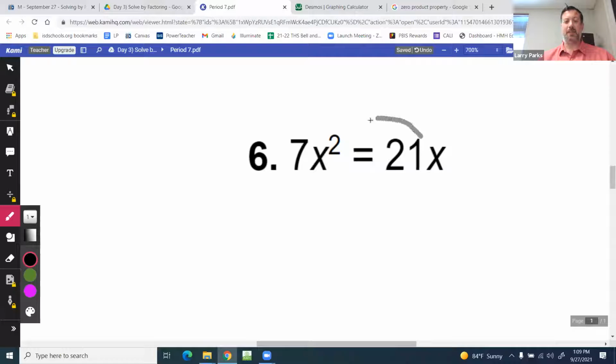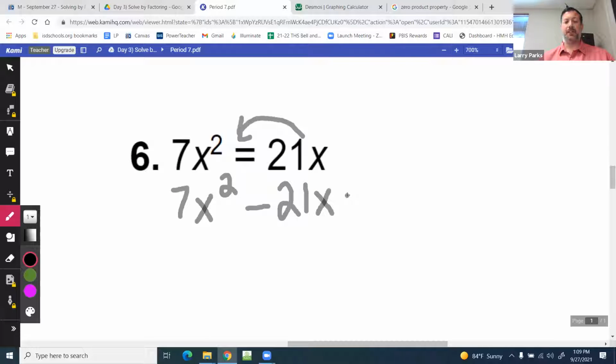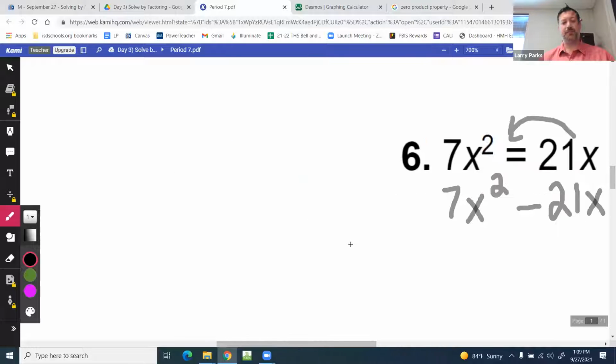So instead, we're going to move this over here. And we're going to get 7x squared minus 21x equals 0. Right? Standard form.